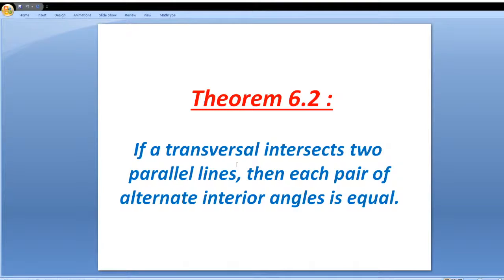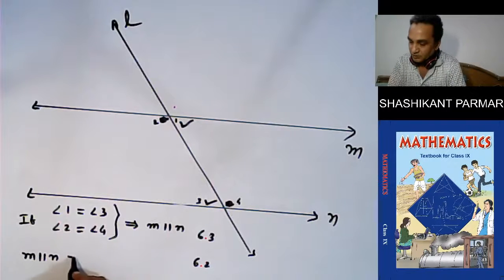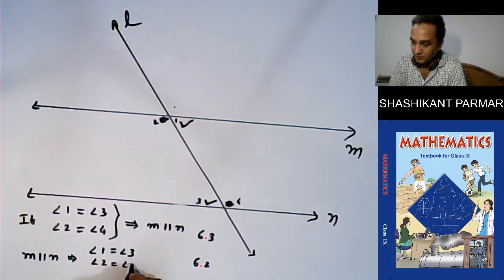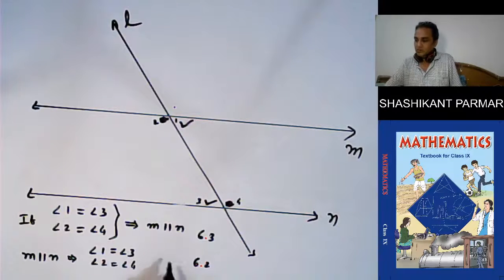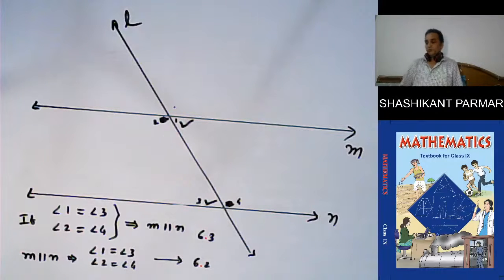So, if M and N, say here what says 6.2, this is 6.2.